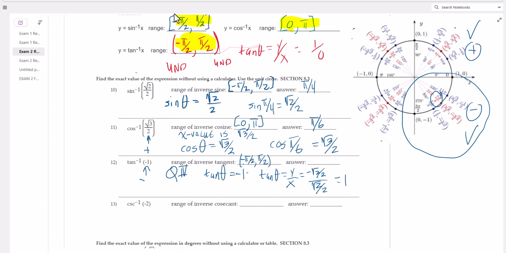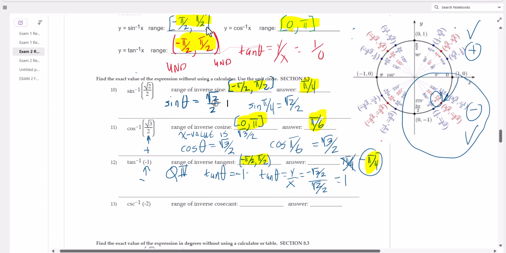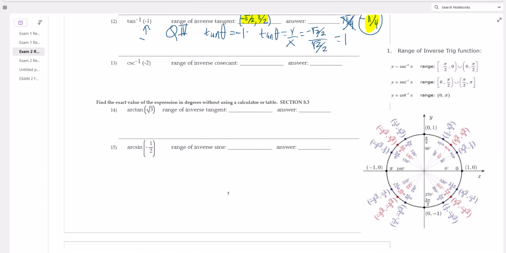But you cannot give the answer 7 pi over 4 because that's out of range, so you have to go to the negative angle, which would be negative pi over 4. Okay? So that's how you reason that problem out. You have to pay attention to the range, but you also absolutely must know the definition of the 6 trig functions.